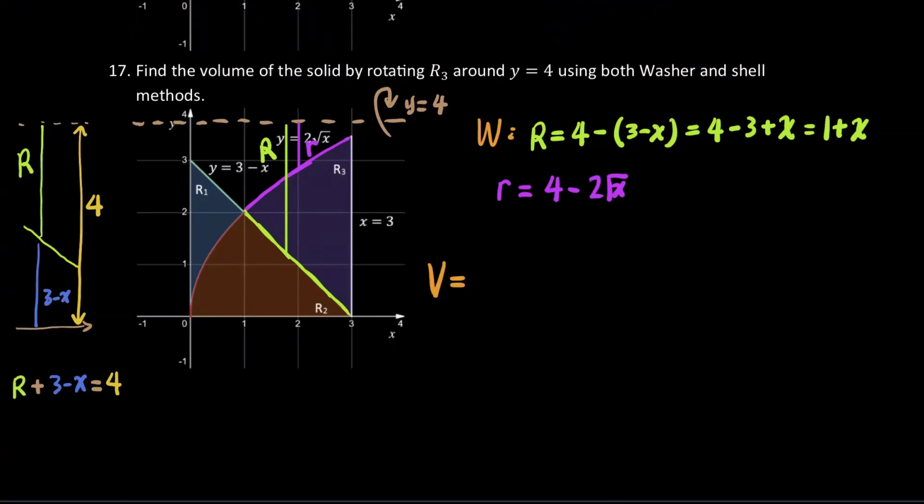Volume: it goes from 1 to 3, pi big R squared minus the little r squared.